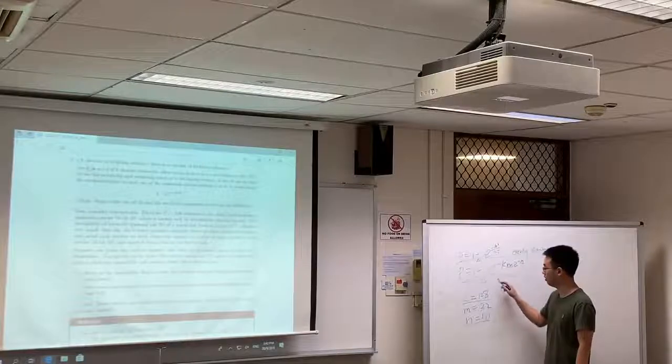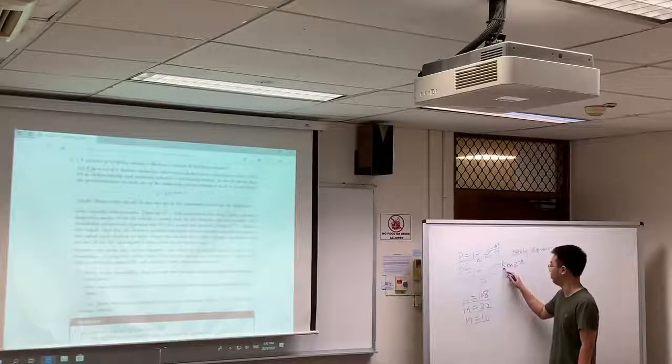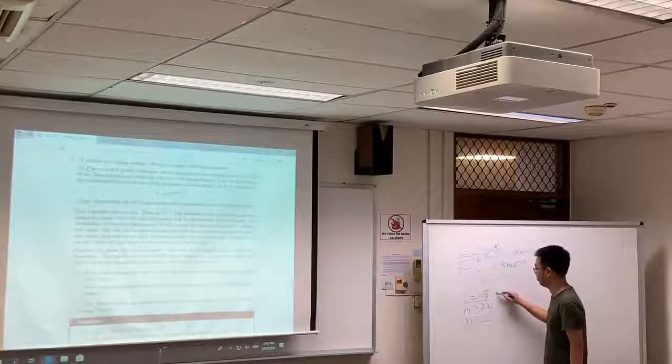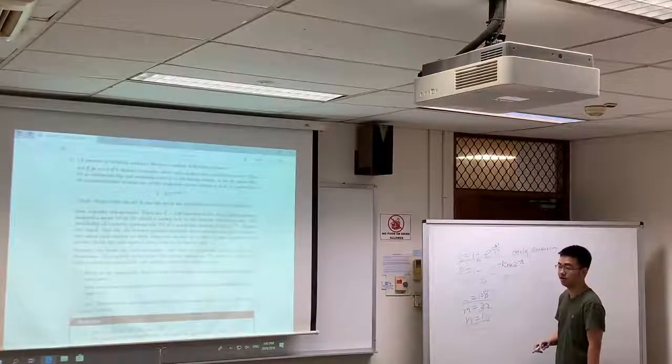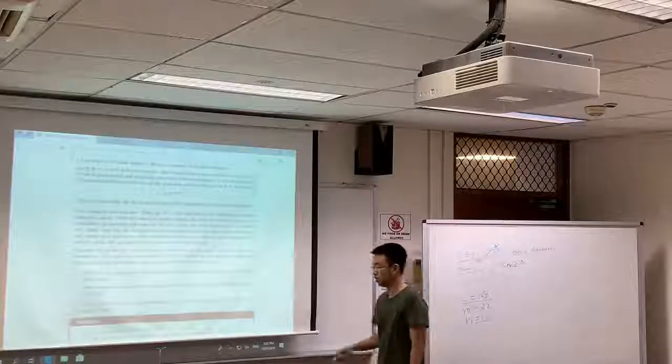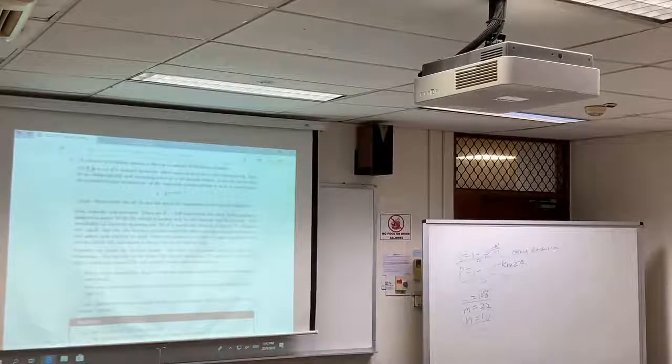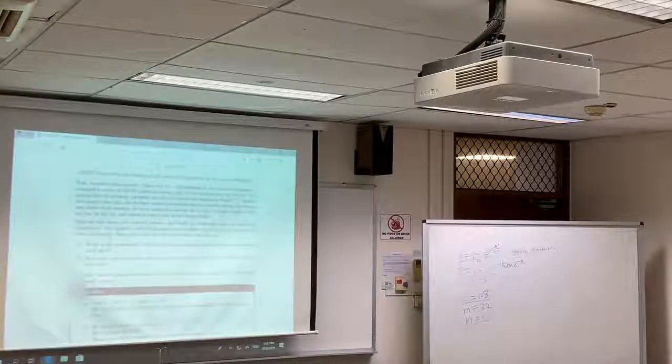Now we know all the values of the variables in this equation, so we can just put them into the equation and get the probability. And the answer is 0.06, and that's the probability that at least one student will benefit from this.